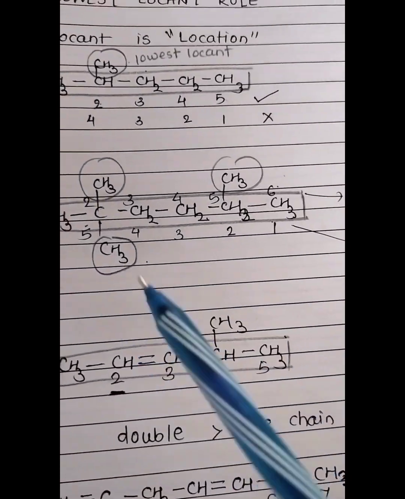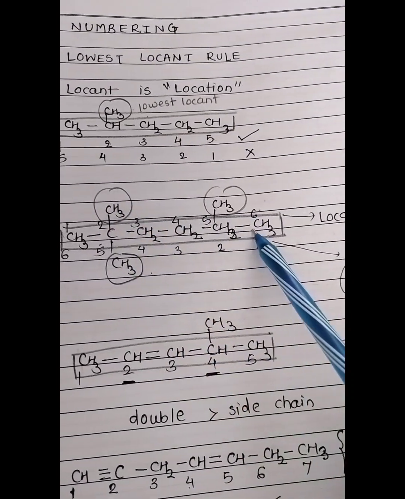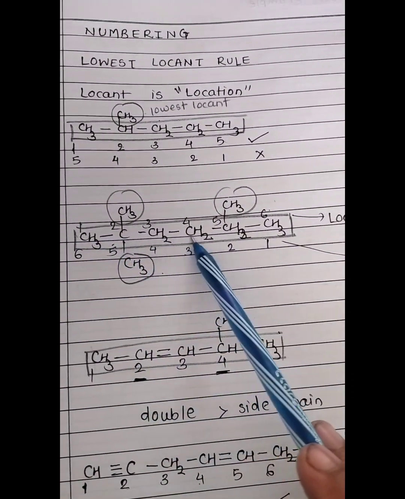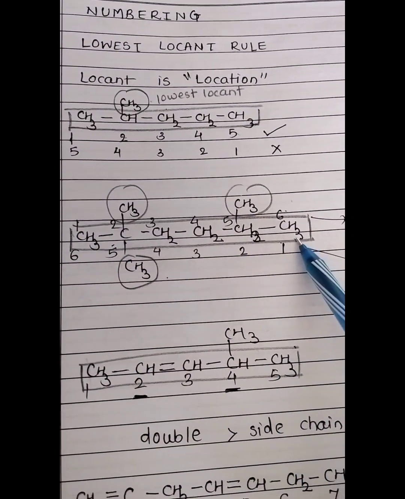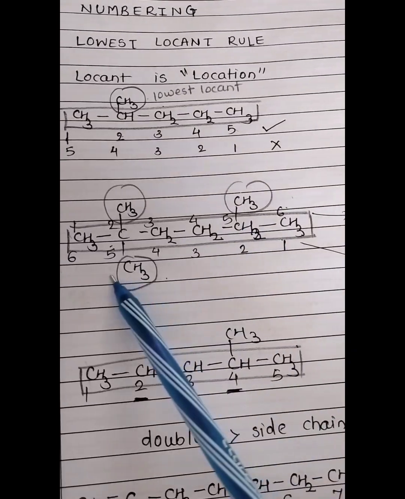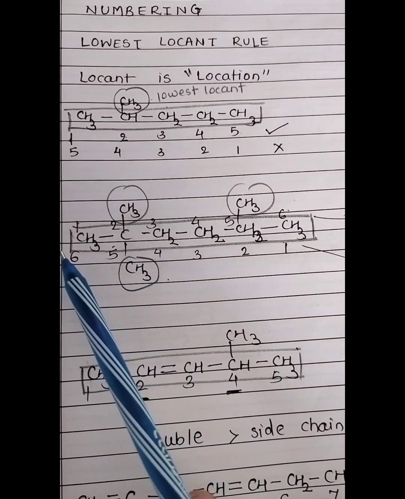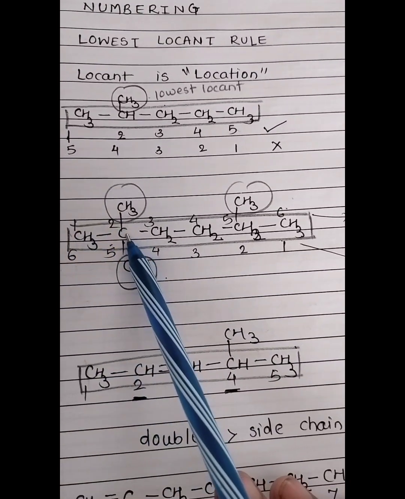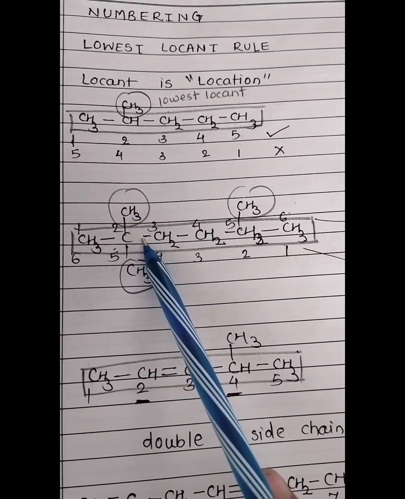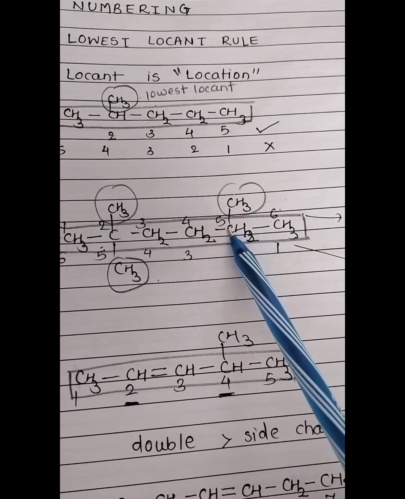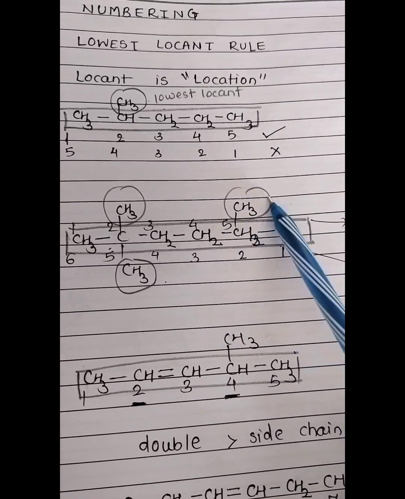In the second example, there are three side chains, 1 2 3, and this is the main chain. Select the longest continuous chain which contains more carbon atoms. So this is our main chain and these are three substituents. If we number from this side, there are two substituents or two side chains on the second carbon, and on the 5th carbon there is only one substituent.